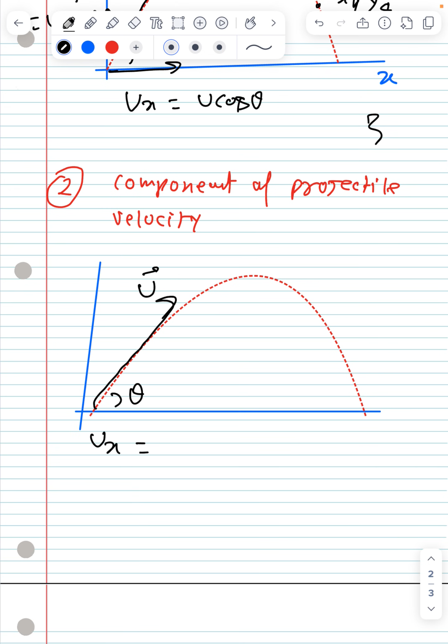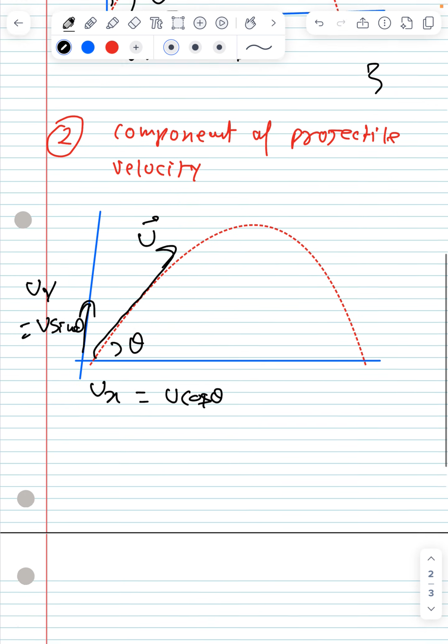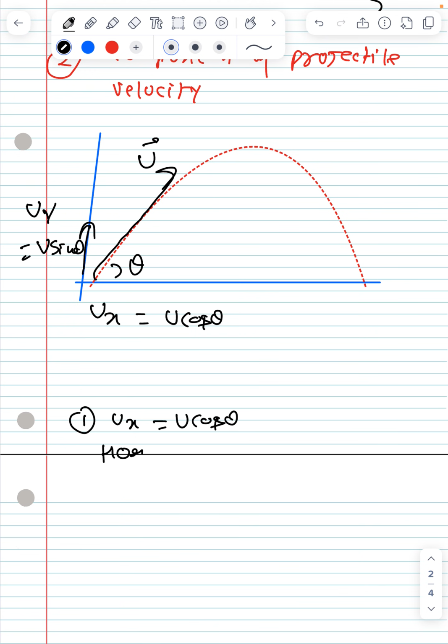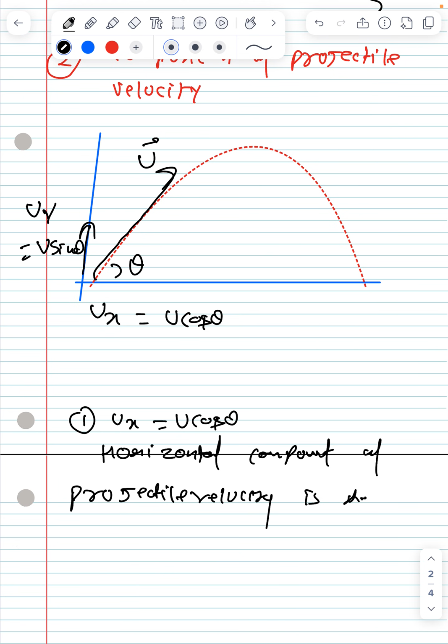This is the projectile path, and the projectile velocity along this direction is vector u. With respect to the angle of projection, it is divided into two parts: horizontal velocity u x equal to u cos theta, and along the vertical direction u y equal to u sin theta.